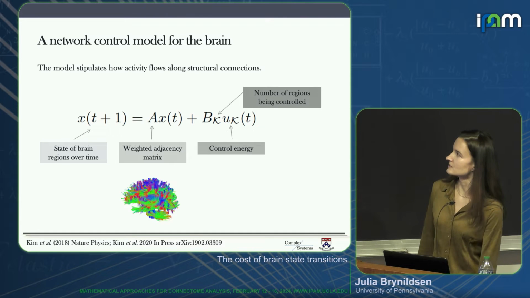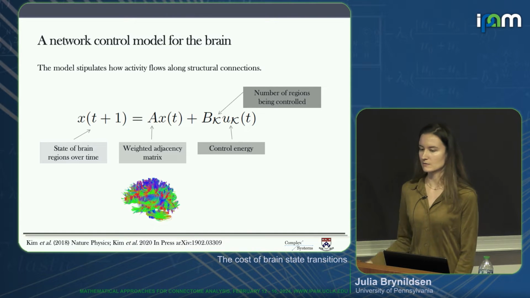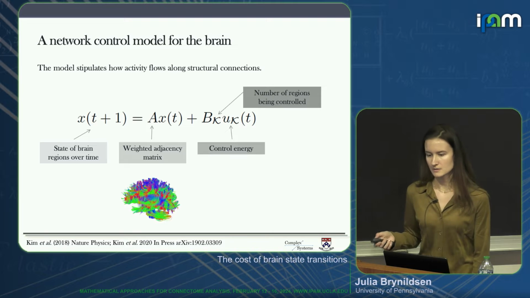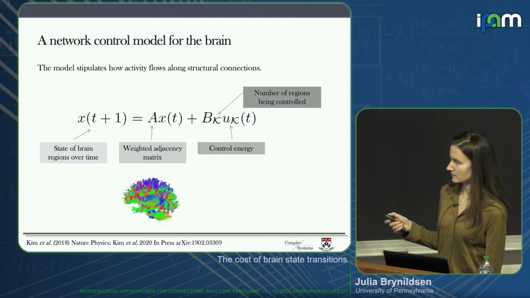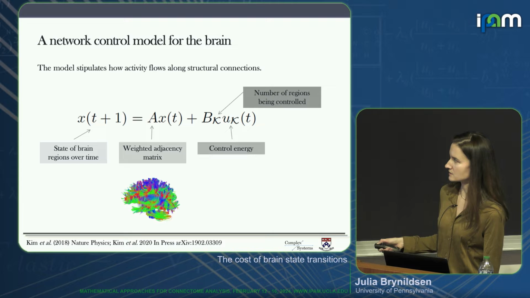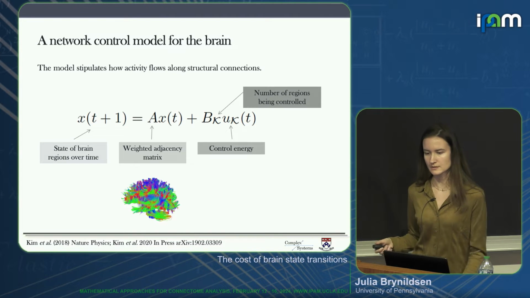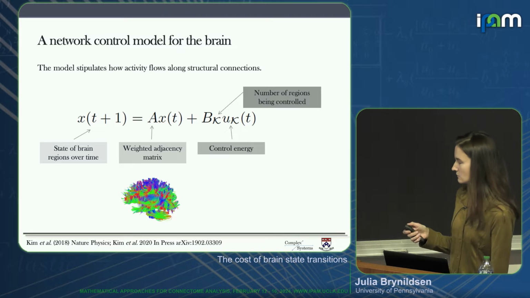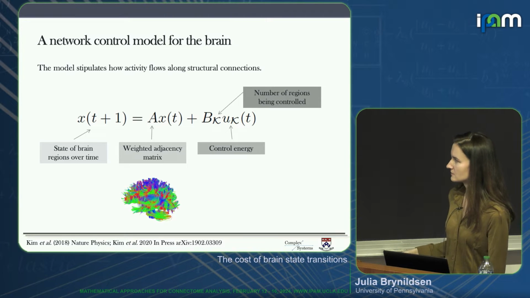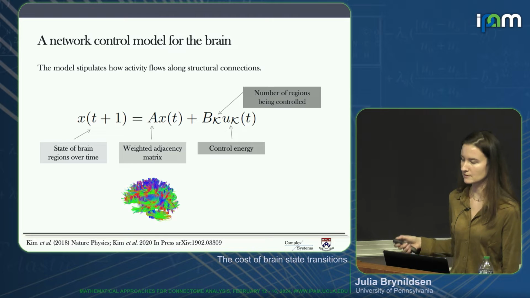So our control model is a linear model of neural dynamics across time. Within this framework, the A represents a weighted adjacency matrix that encodes the brain's structural connectivity, such as what you would derive from diffusion tensor imaging of the human brain, for example.